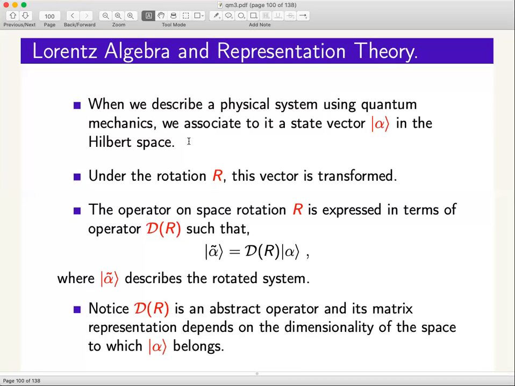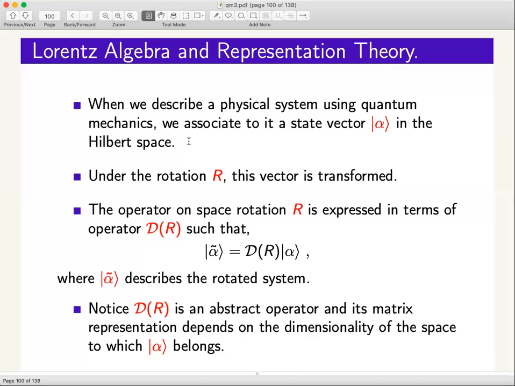What we learned there is that there exists a rotation matrix, a 3 by 3 matrix, which acts on a column vector x, y, z and gives you a new column vector x prime, y prime, z prime. The x prime, y prime, z prime values depend upon the entries that the 3 by 3 matrix R has.